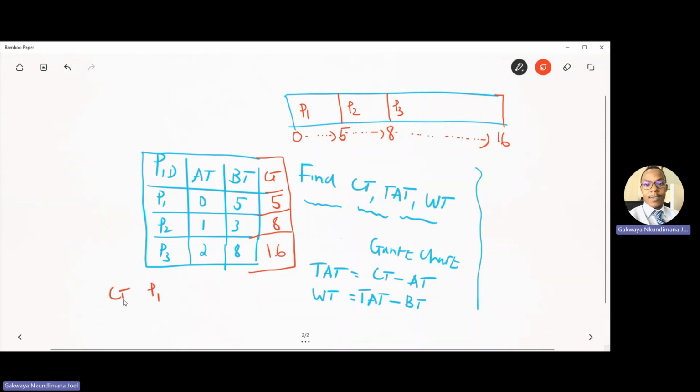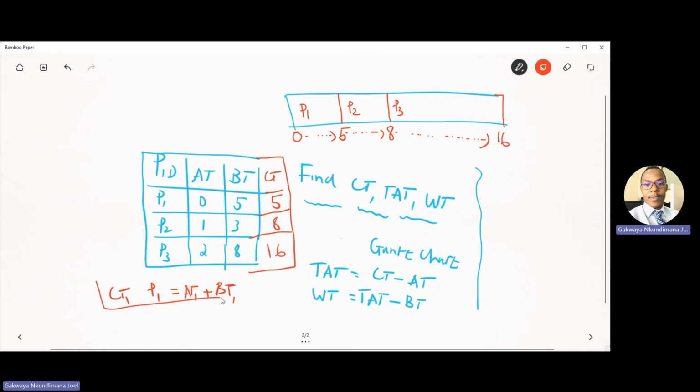I will call it completion time 1 for process 1, is equal to arrival time 1, which means arrival time of process 1 plus burst time 1. I gave a notation as 1, 1 to make you understand.